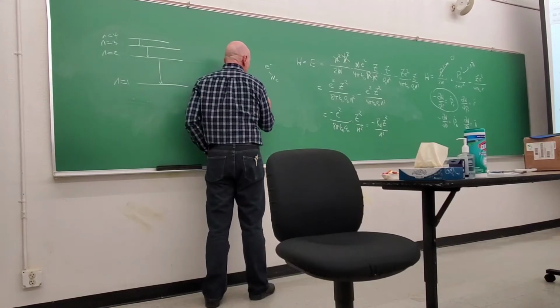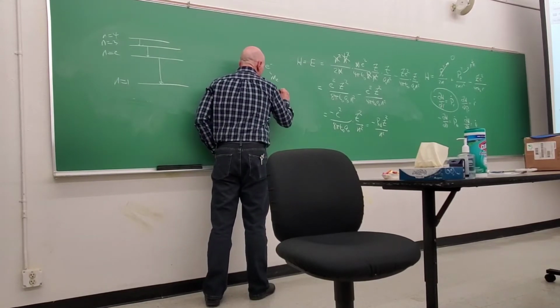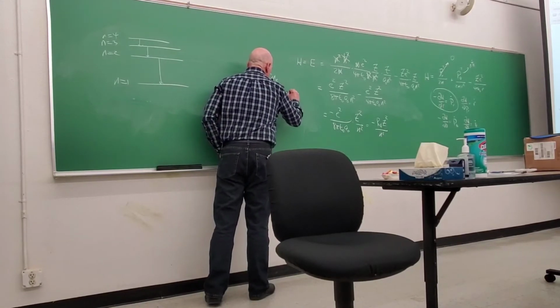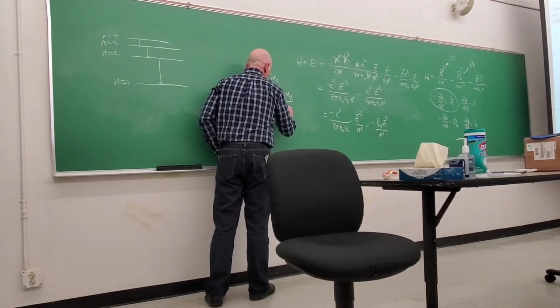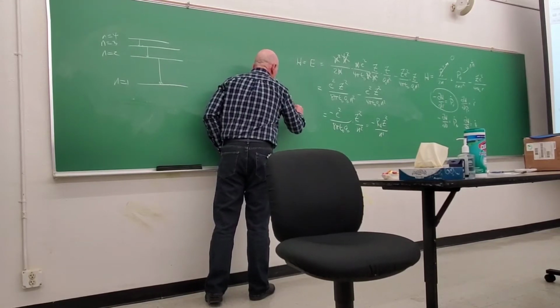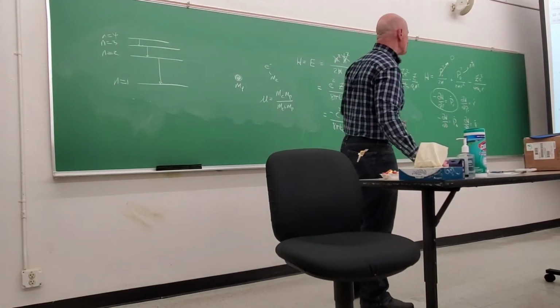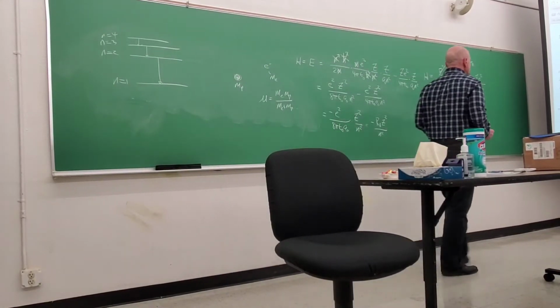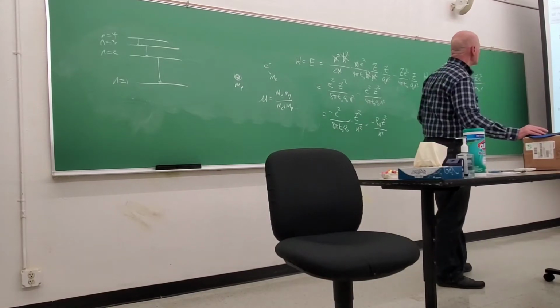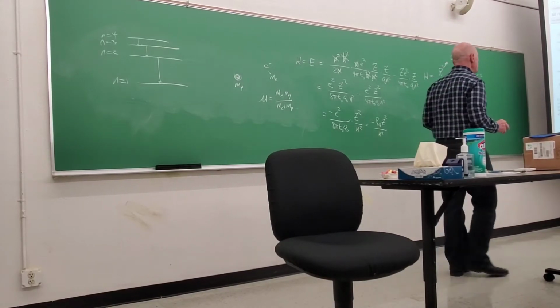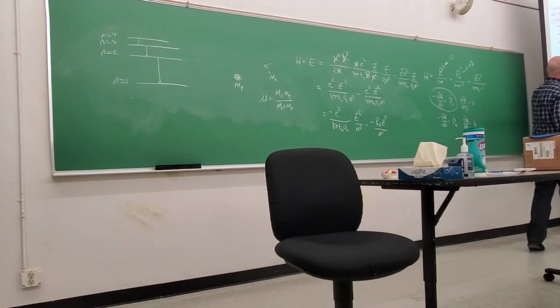So if I replace m_e with mu, or m_e times m_p over m_e plus m_p, the mass of the electron plus the mass of the proton, make that slight correction, look at what happens.